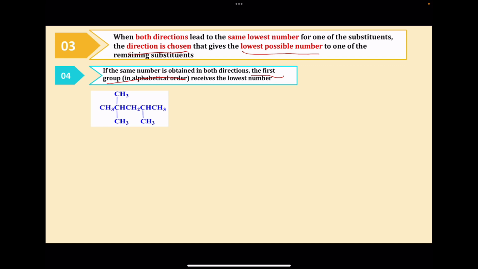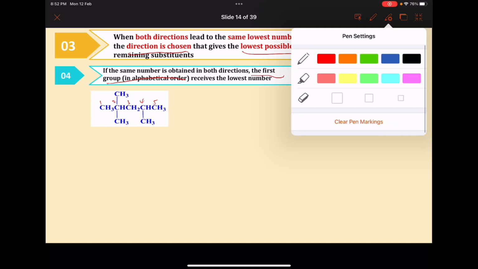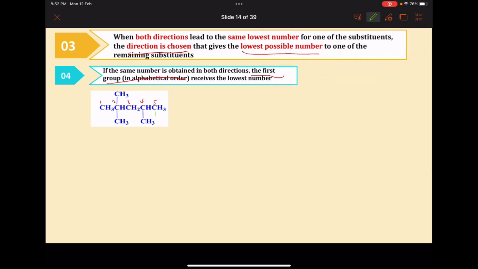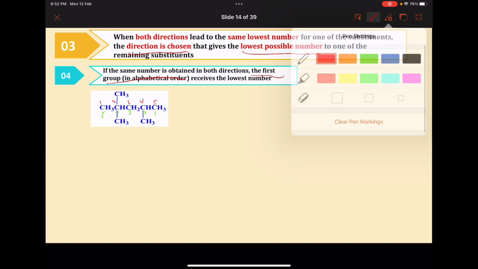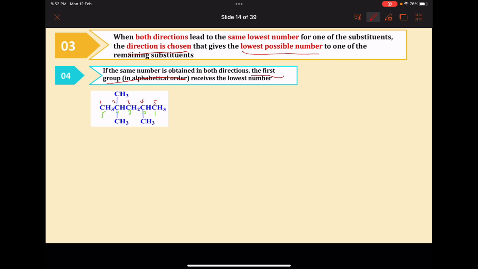For example, the first example here. Same as before, the first step is to find the longest chain of carbon. The longest chain of carbon is 1, 2, 3, 4, and 5. And another possible route, 1, 2, 3, 4, and 5. So if we use the red route, the substituents attached to the parent chain are at 2, 2, and 4.